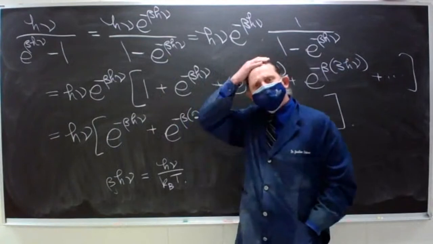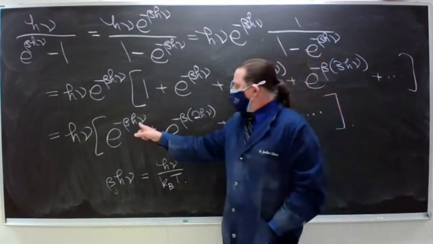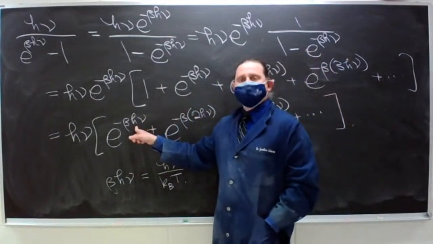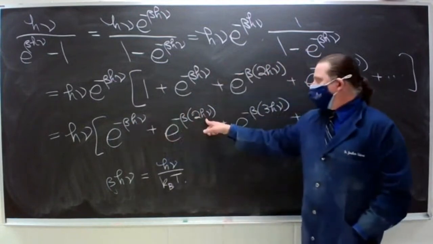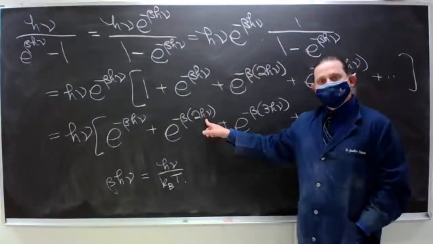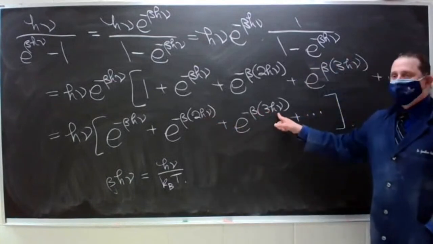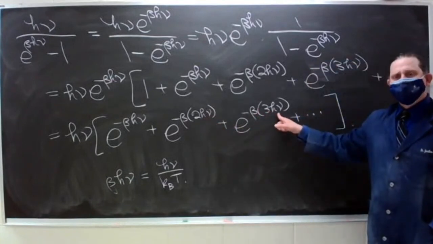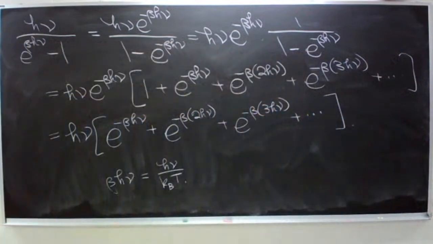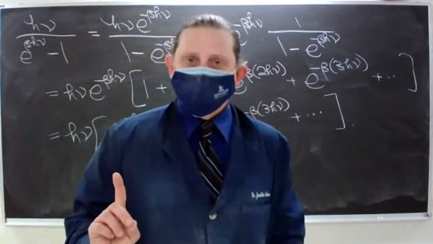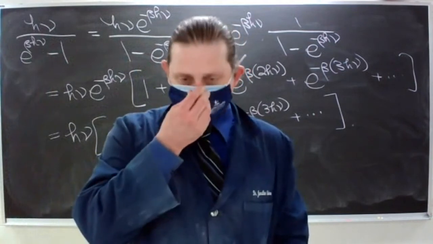That's not what we see. Once we get enough energy to have this h nu, we say, oh, there's another state. 2h nu. There's another state. 3h nu. We get an infinite series of energy states associated with discrete multiples of energy h nu.